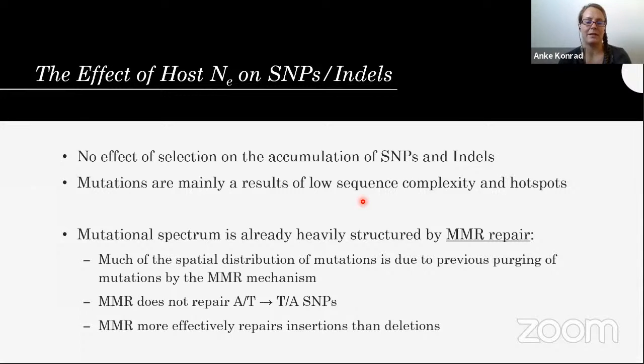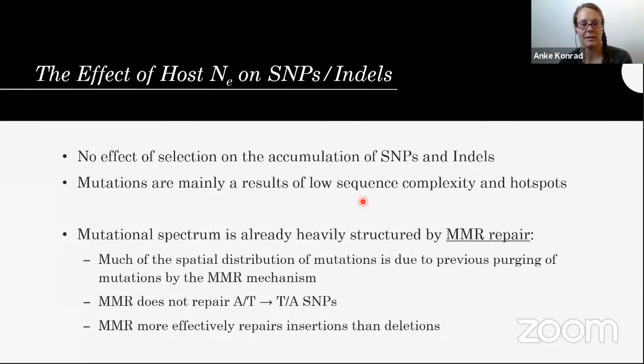So essentially the insertions were more effectively repaired by mismatch repair and any substitution other than this AT to TA. And those two mutations that are essentially not properly repaired by MMR are the ones that lead to most of the differences in genomic distribution of these mutations in our lines which do have mismatch repair.